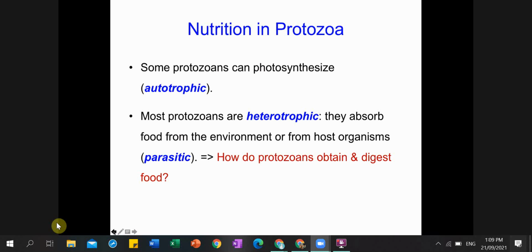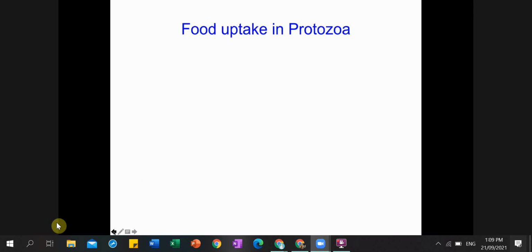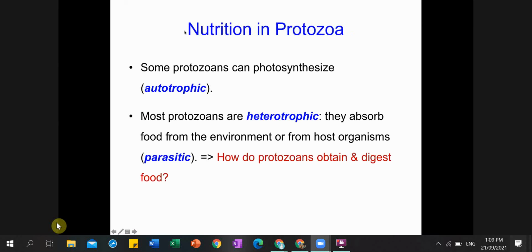Okay, so I would say that most, if not all, protozoans are what we call heterotrophic. Heterotrophic refers to organisms that cannot make food for themselves.